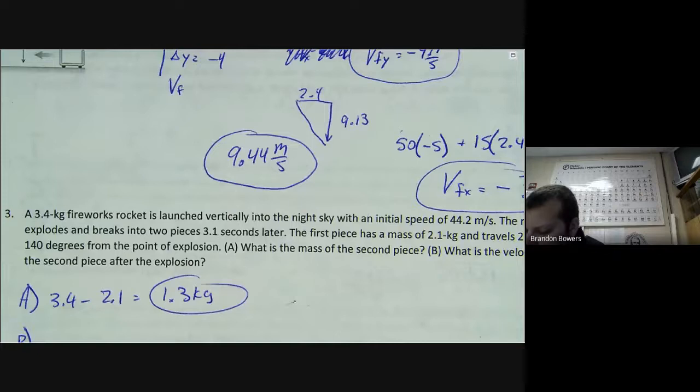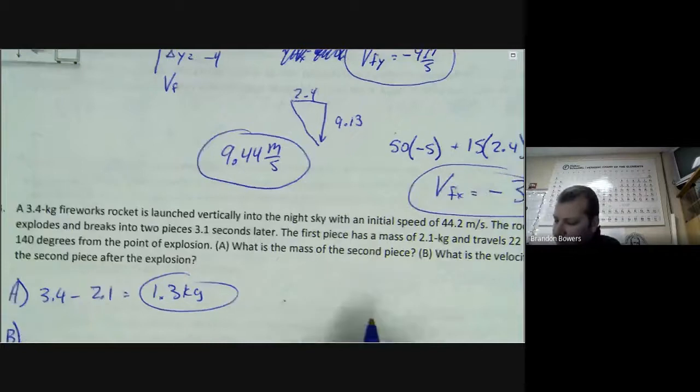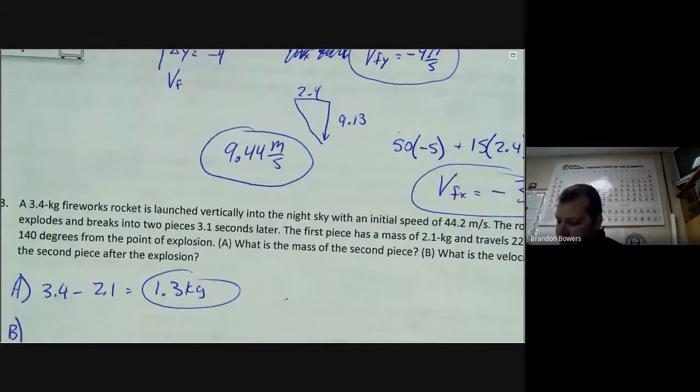All right, there's a lot of different variables we have to work with here. So if it's fireworks being shot up, I drew a little picture.